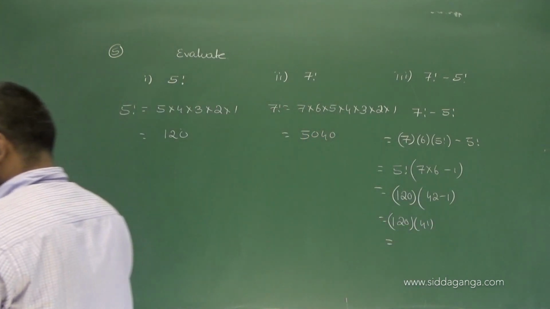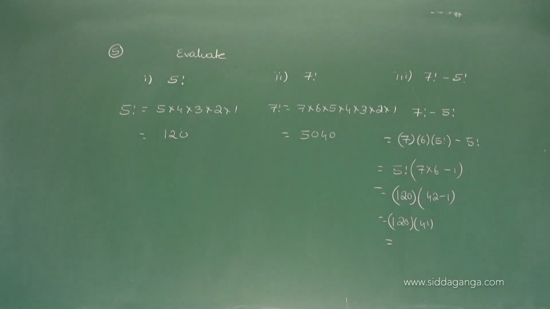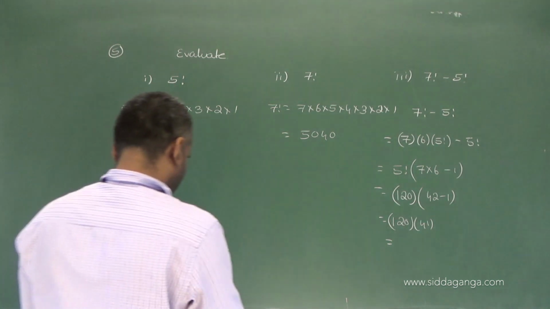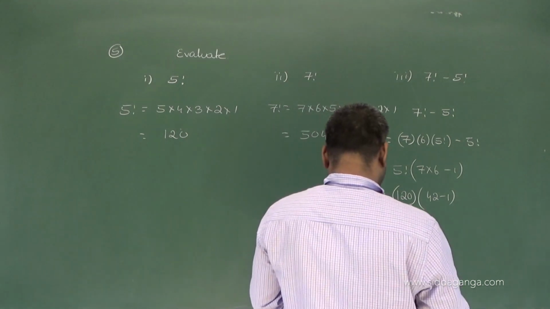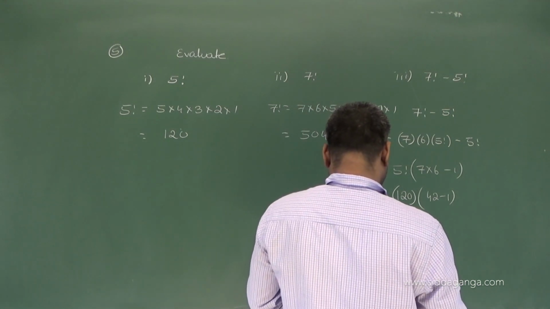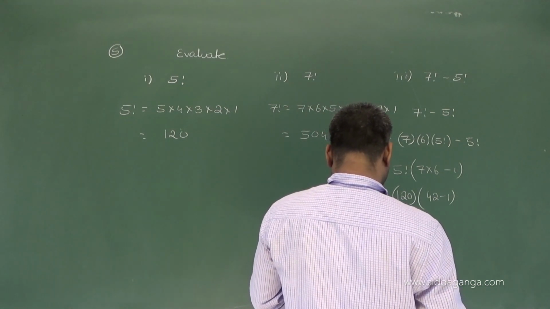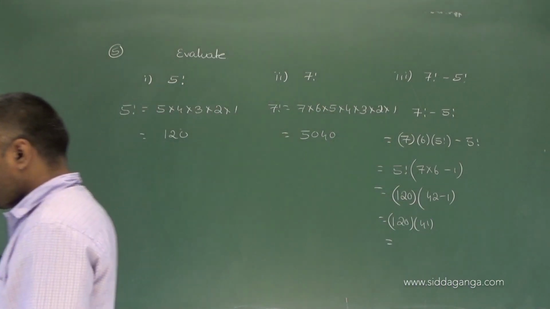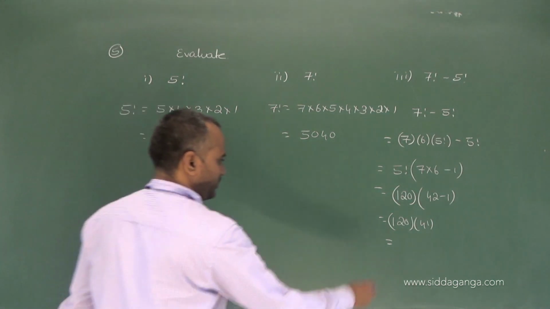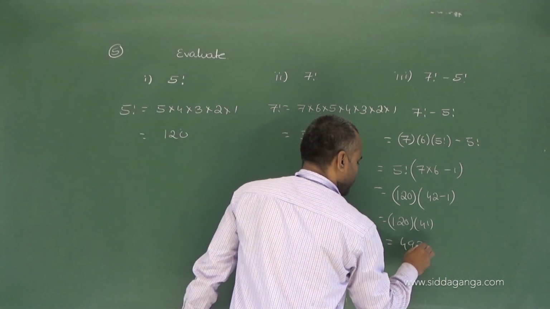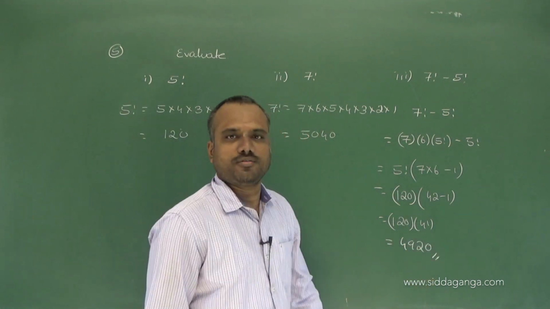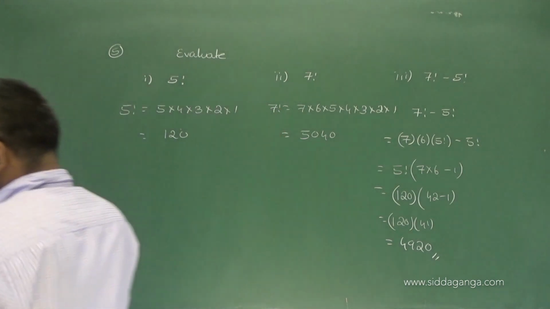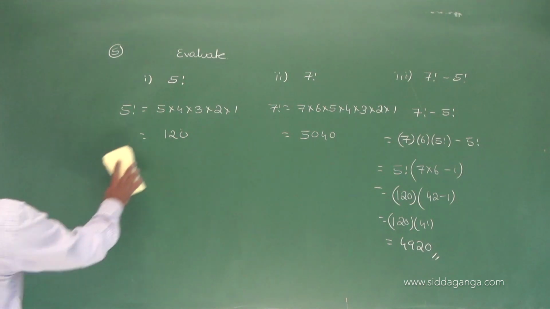Calculate 120 into 41: 4,920. Fifth one completes. Sixth one.